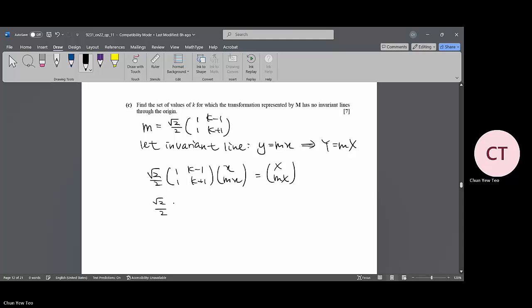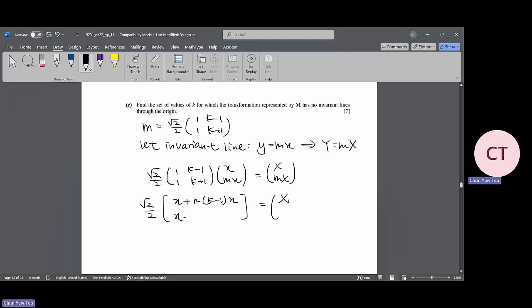So just expand them, you get 1 plus m times K minus 1. Quite troublesome, huh? Okay, never mind. Over here, we have to be careful when we multiply them. So this will be x plus m(K minus 1)x.